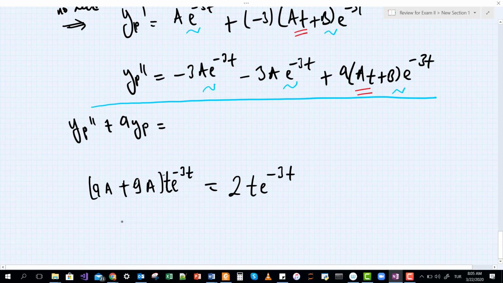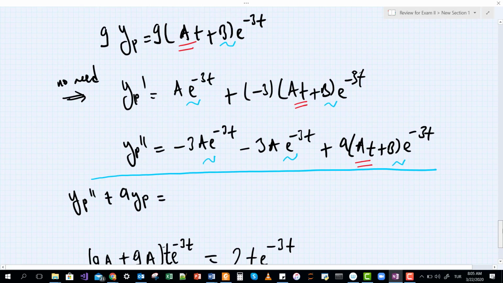And I also have some other terms around, which are equal to negative 6a plus 9b.